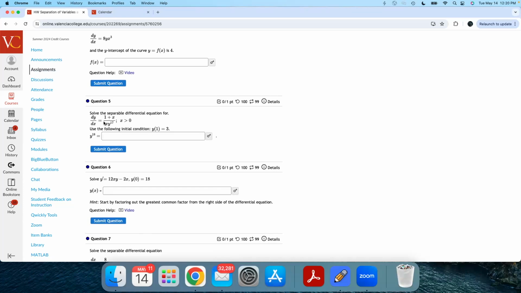This does not want an explicit solution. You're going to get a y to the 18th in your answer. They don't want the explicit solution. They want the implicit solution, y to the 18th equals a bunch of junk, and you're just writing the junk over here. They've already written that part for you.